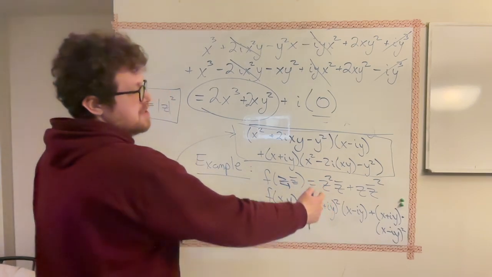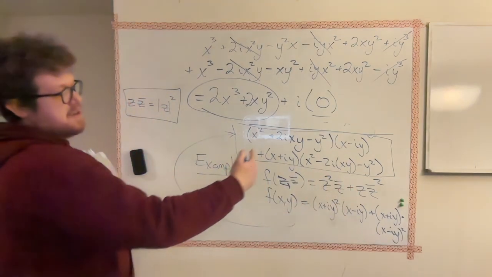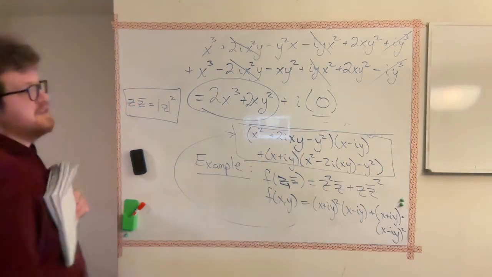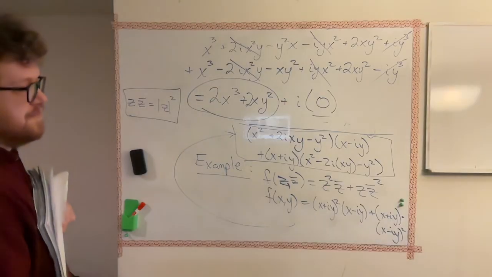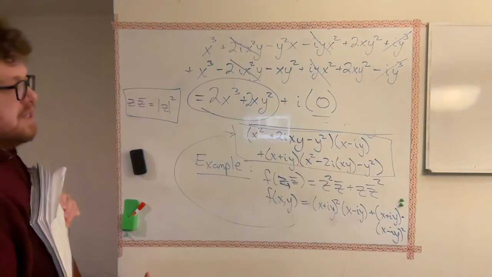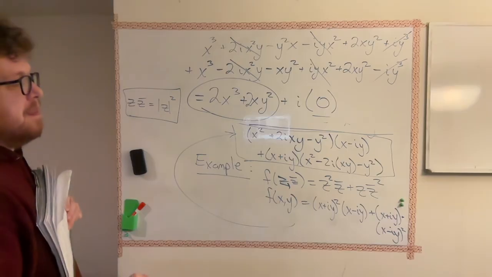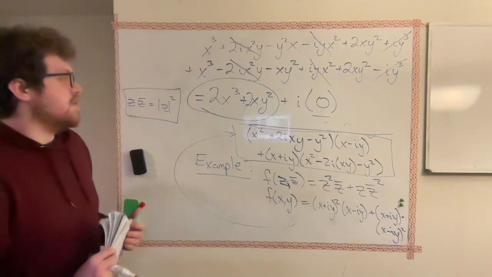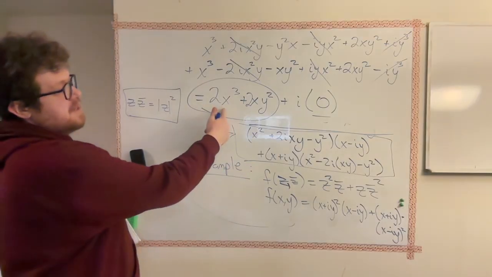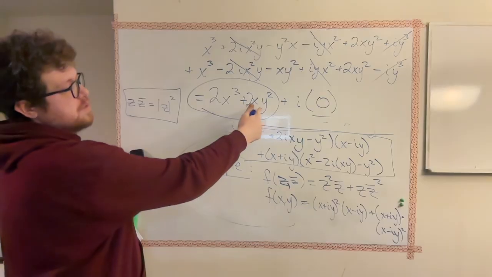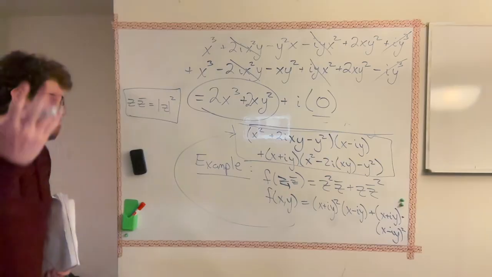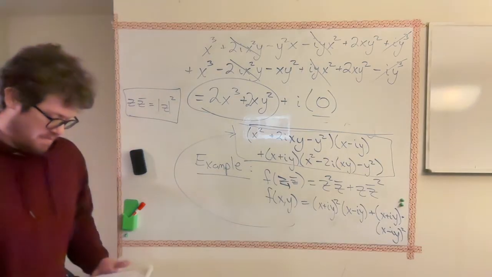Oh, okay, so you can factor out the modulus and then you get z plus z bar, which is real. Okay, I see. That's what Rex was saying. Okay, that's fine. Right. So then u of x, y here is just 2x cubed plus 2xy squared, and then v of x, y is just 0. Interesting.